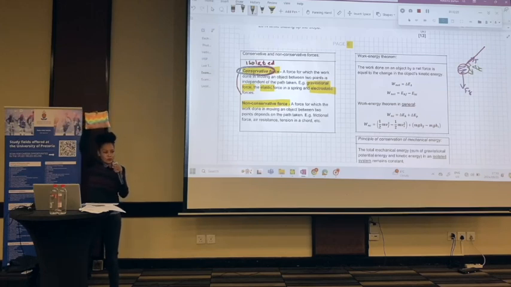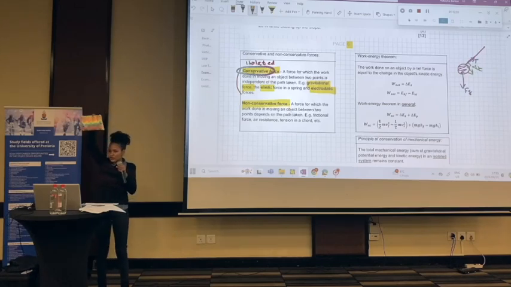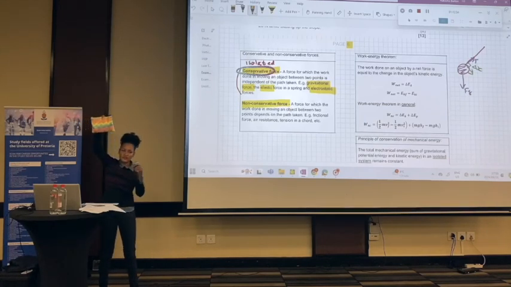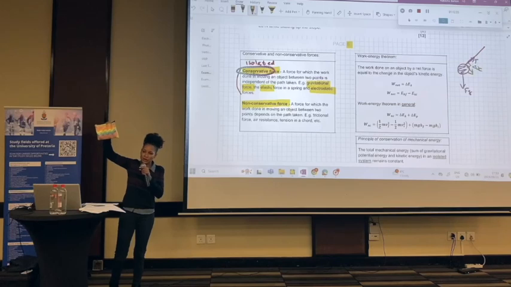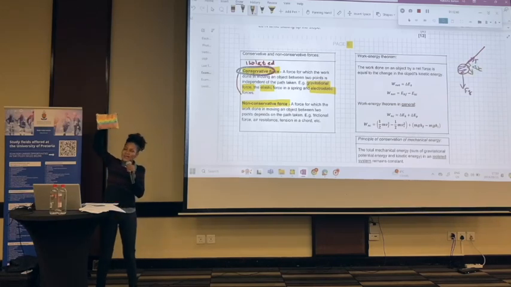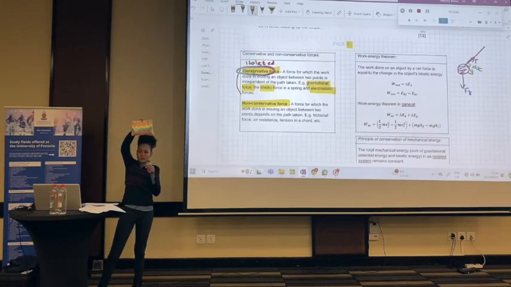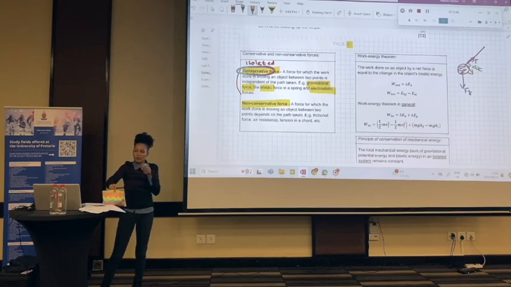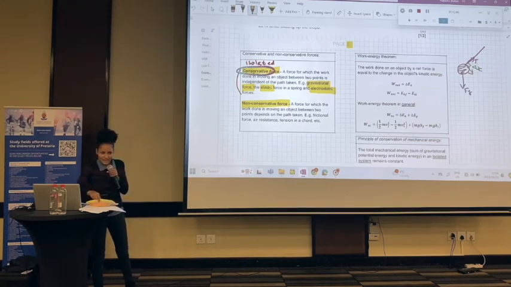As soon as I let go, the potential energy is converted into a different form of mechanical energy. What does it become? Kinetic energy. And if it currently has 5 joules of potential energy, just when it hits the ground, it will have 5 joules of kinetic energy.